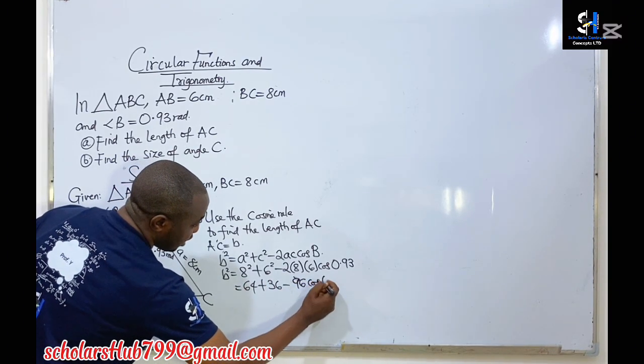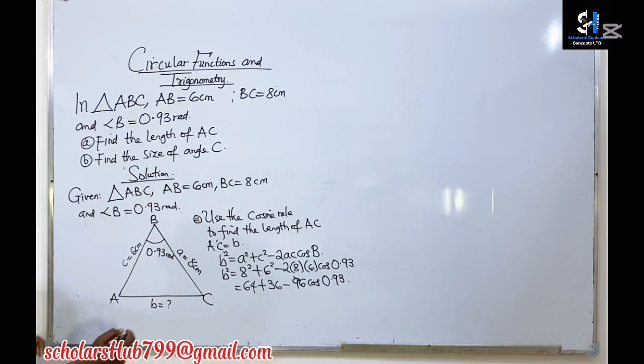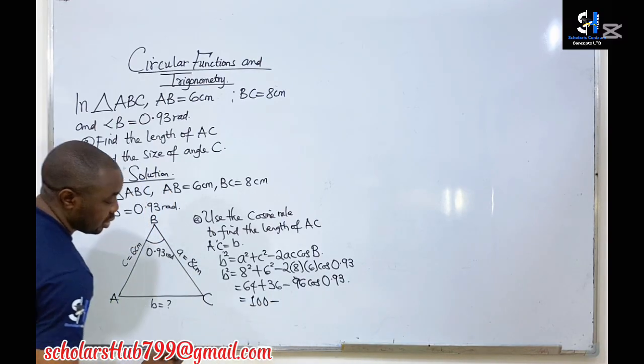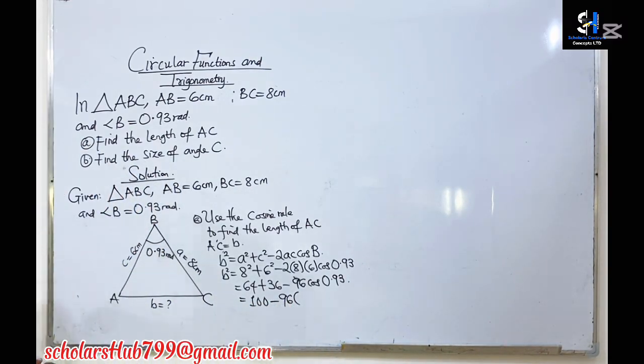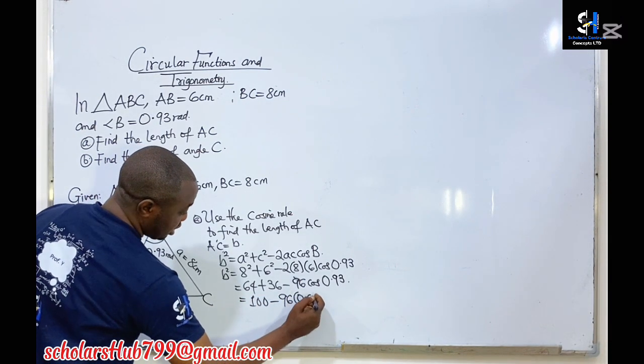So we have 96 cos 0.93. 64 plus 36 will be 100. Then we have 100 minus 96 multiplied by cos 0.93, and cos 0.93 in radians is 0.5959, which can be approximated to 0.6.